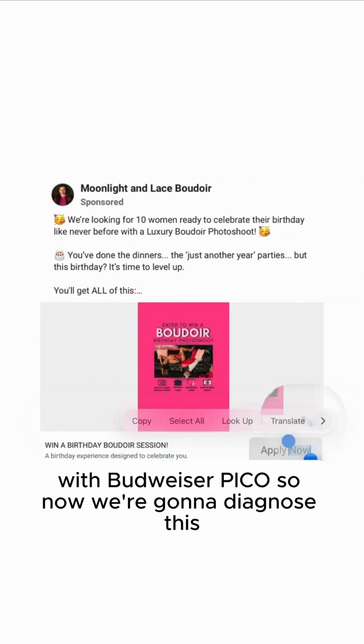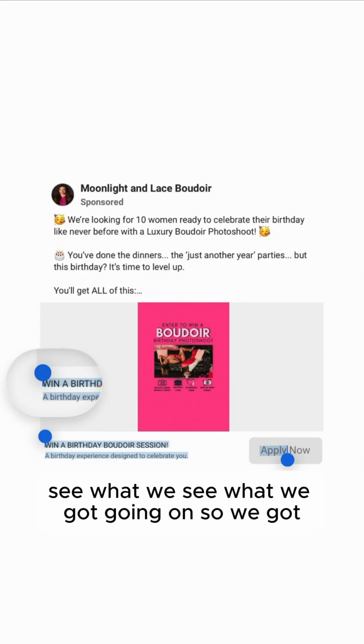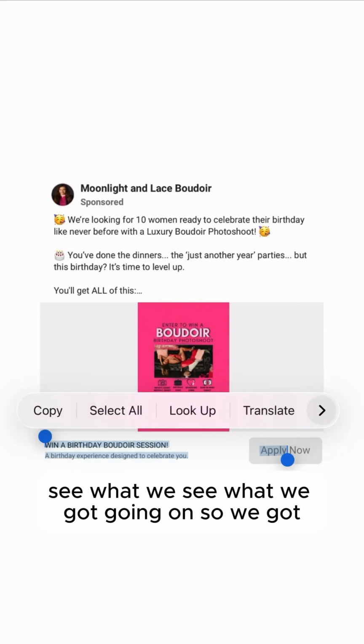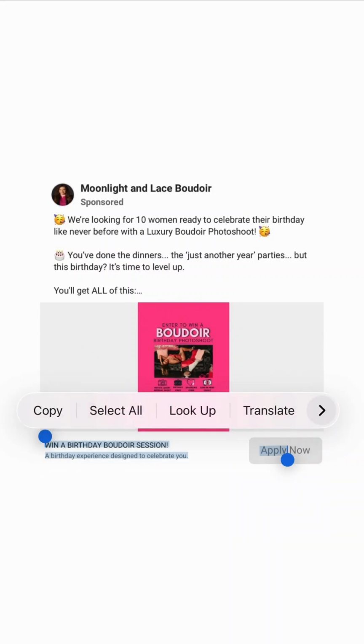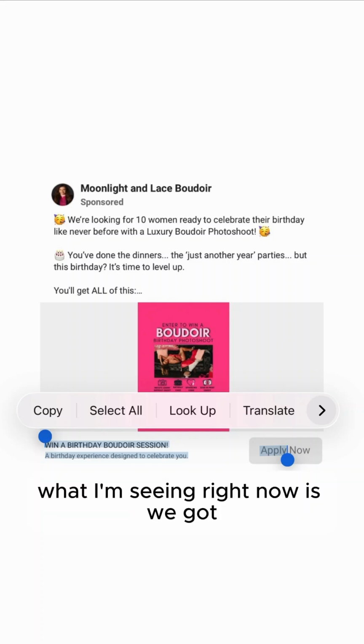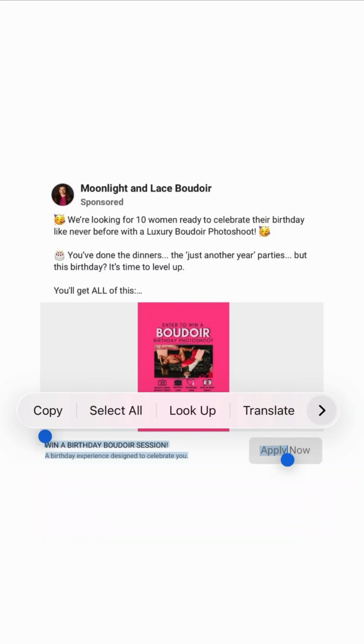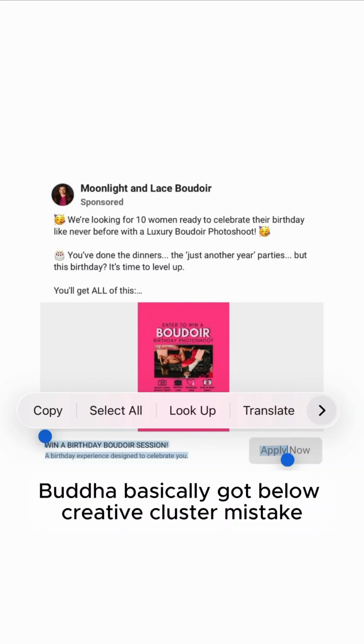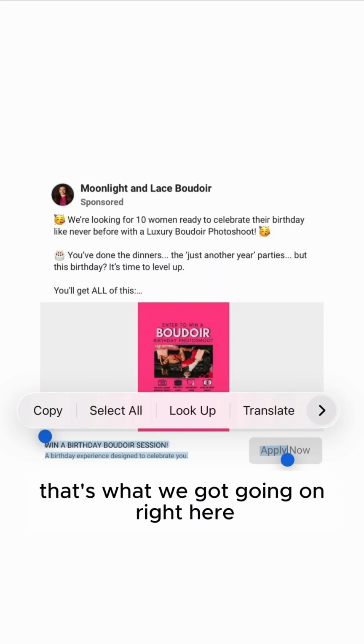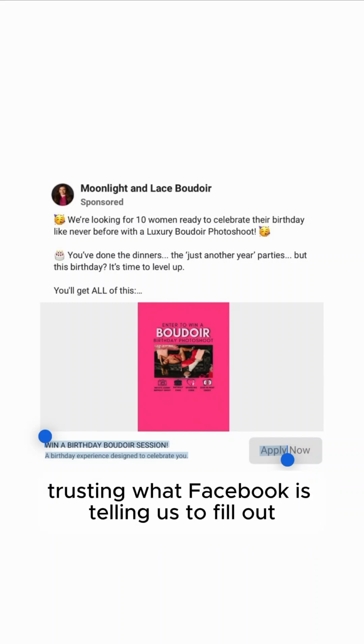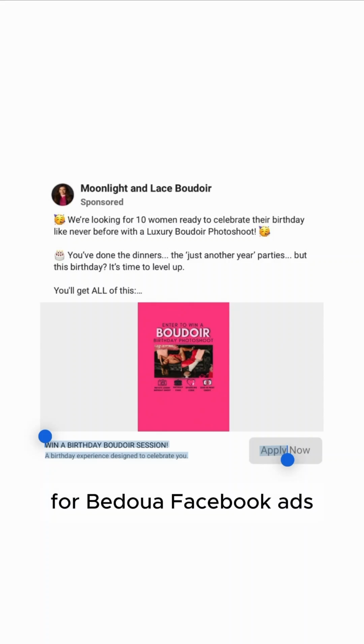So now we're going to diagnose this, see what we got going on. What I'm seeing right now is we got the Boudoir below creative cluster mistake. That's what we got going on right here. So we're actually trusting what Facebook is telling us to fill out for our Boudoir Facebook ads.